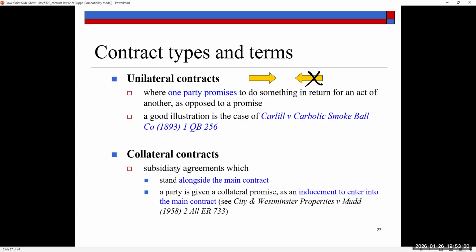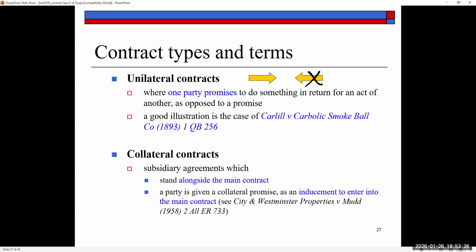Collateral contracts, subsidiary agreements which stand alongside the main contract, is a kind of inducement to enter into the main contract. Could you imagine what it is about? Alongside, not actually the main contract. We have the main contract, which could be 1 million, 2 million.